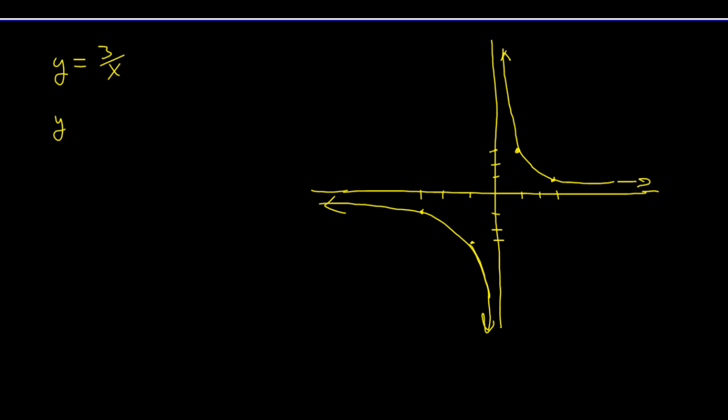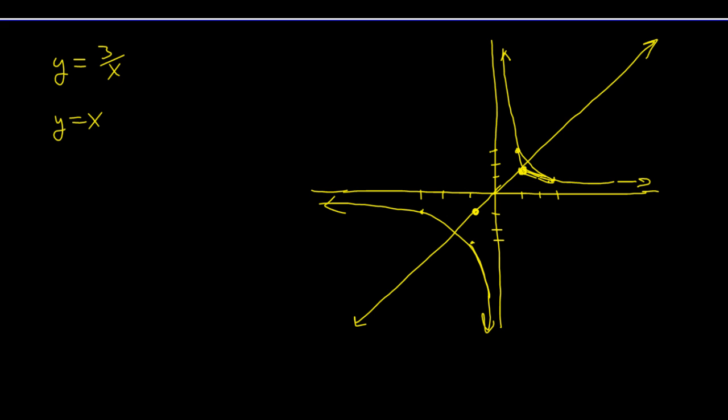Now I want you to draw y equals x on your graph. Remember what y equals x is? That is simply a straight line, a 45-degree angle, where the x and y values are the same, so it should go through (1, 1) and (negative 1, negative 1).